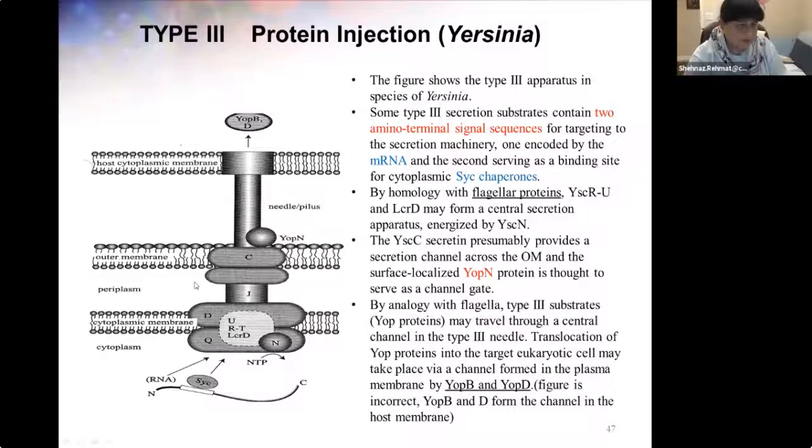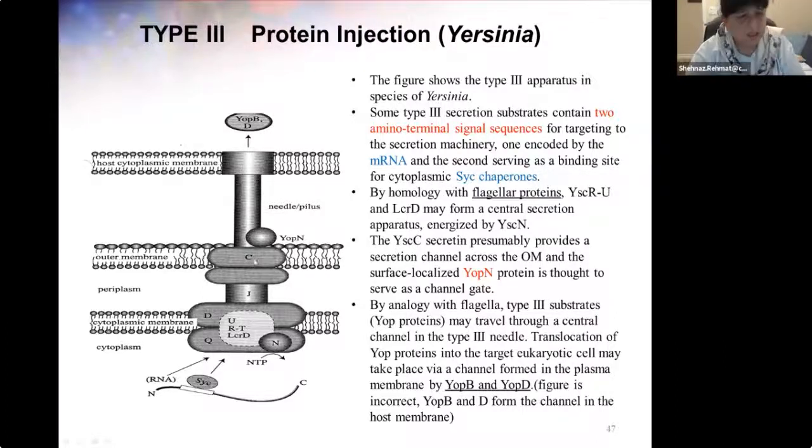If you're looking at it, the system starts in the cytoplasm of the bacteria. This is the bacterial cytoplasm. This is the cytoplasmic membrane of the bacterium. There is the periplasm of the gram-negative bacterium, Yersinia being a gram-negative bacterium. There is an outer membrane that is being shown. So there is a channel that is made through and through using this Ysc secretion system.